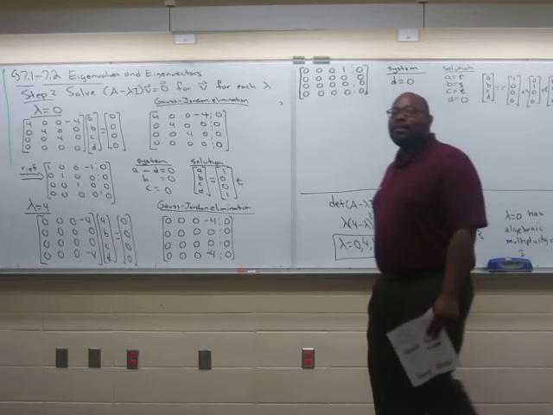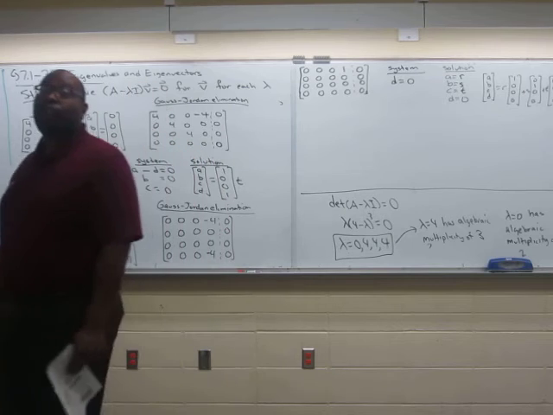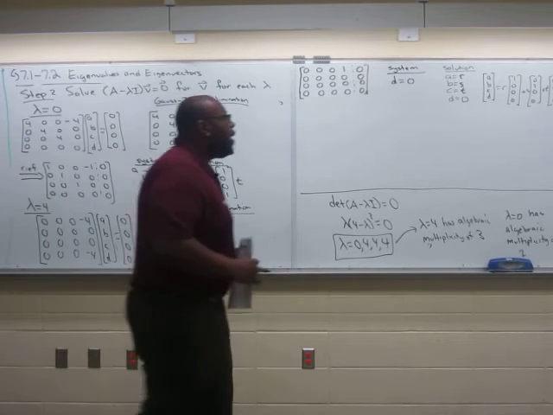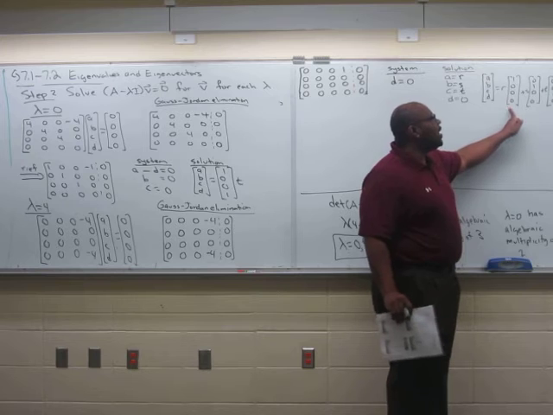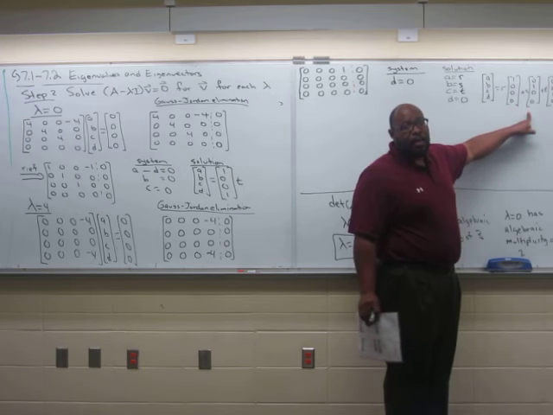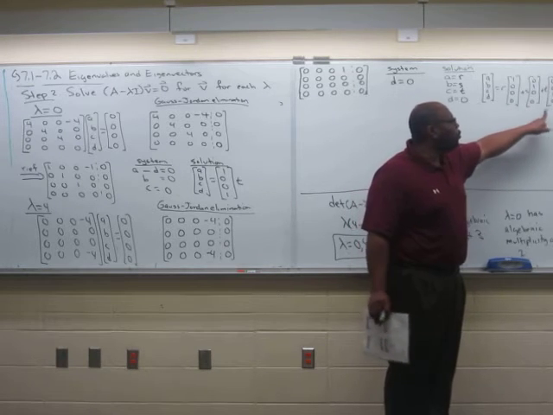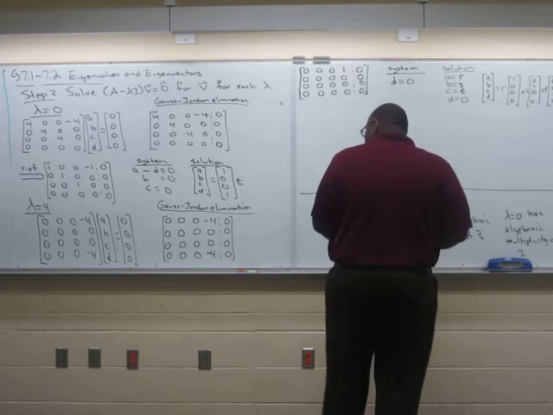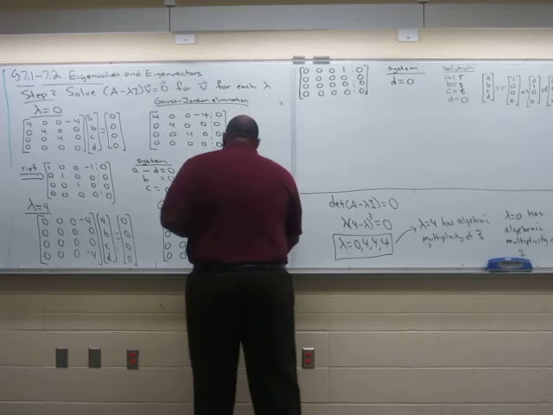Guess how many eigenvectors I have? I have 3 eigenvectors for this eigenvalue of 4. Each one of these represents a distinct, linearly independent eigenvector: 1, 2, 3. So all of these are my eigenvectors.